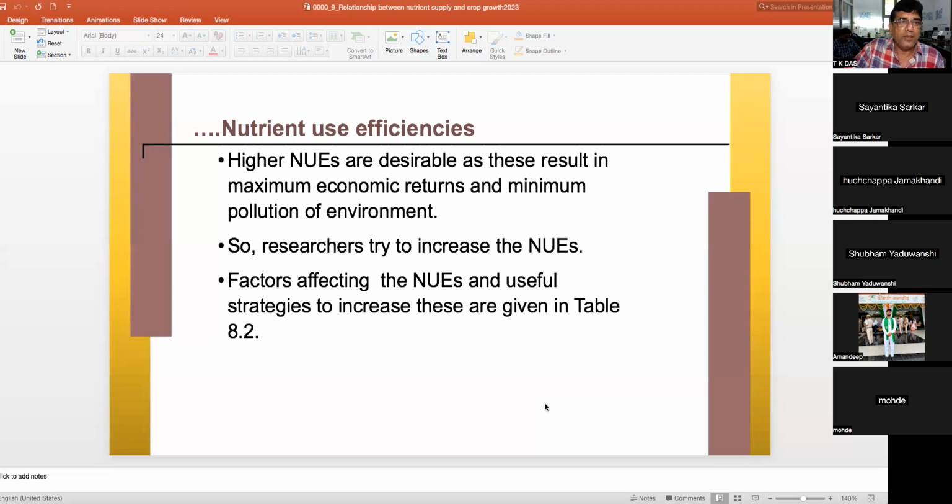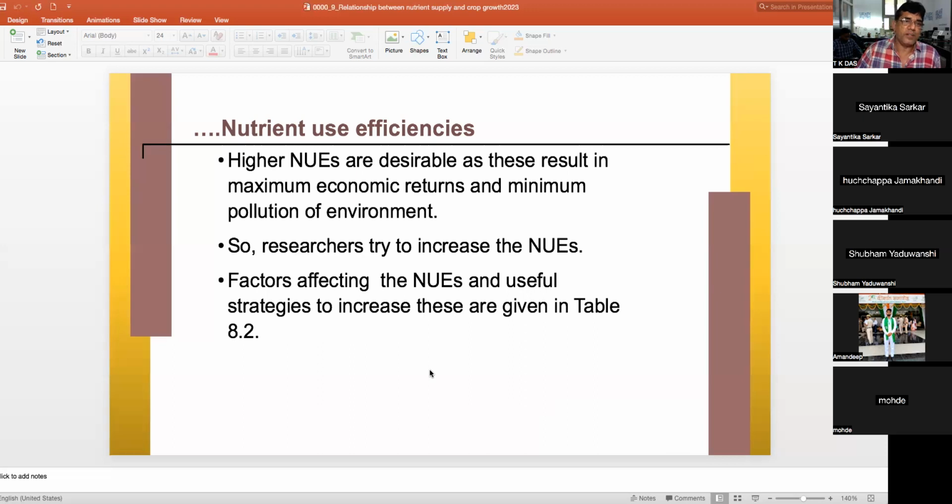So definitely, at a constant rate of denominator, if you can increase the numerator, then your efficiency will automatically increase. And that numerator, or yield, can be increased not just by fertilizer. If all the management practices are at optimum level, then they will also increase your yield or growth. And then you can get more with less nutrient.